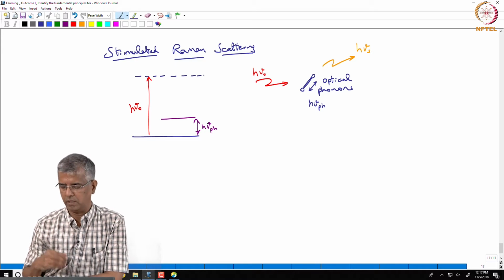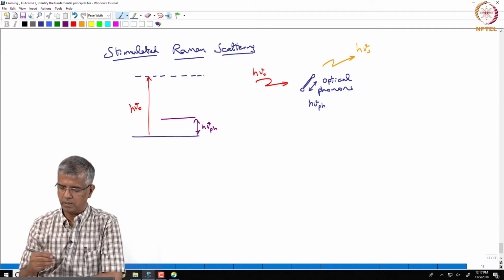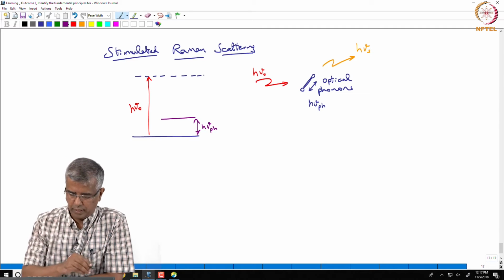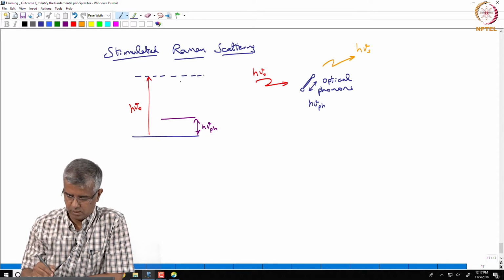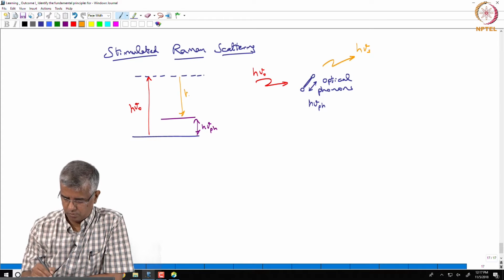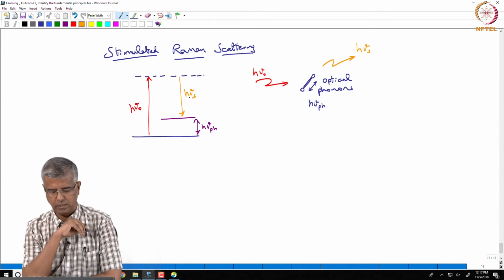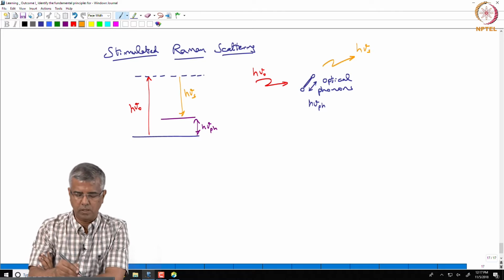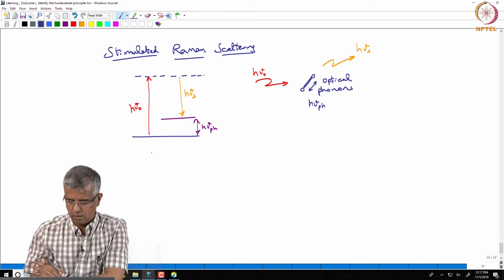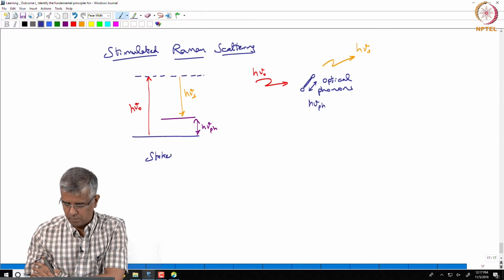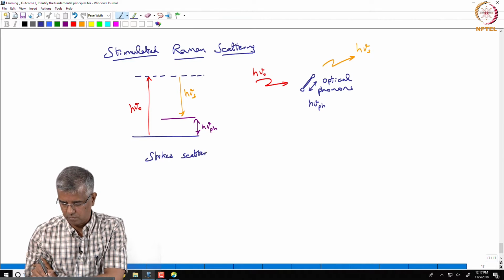It's giving some energy to the vibration mode, and then it's scattering off with lower energy. Okay. So, this process is the Raman Stokes scattering process.